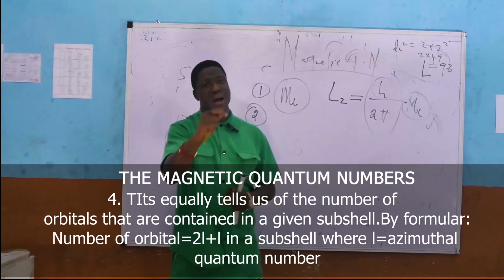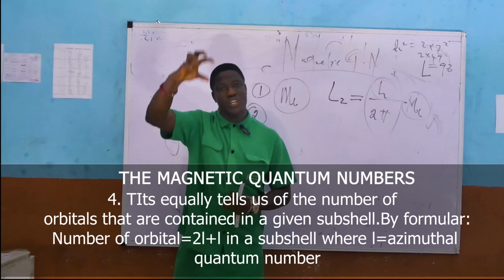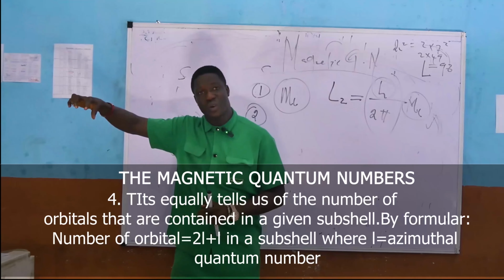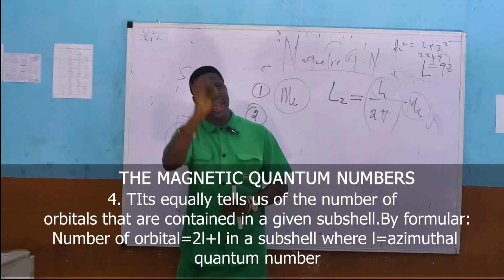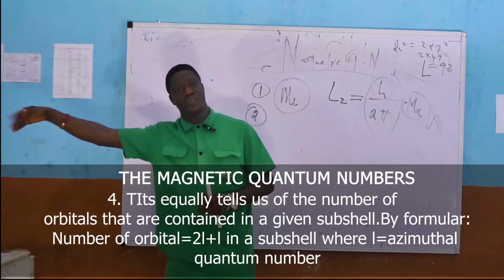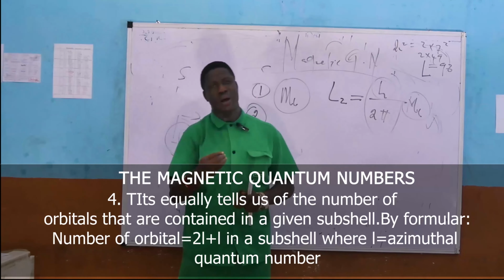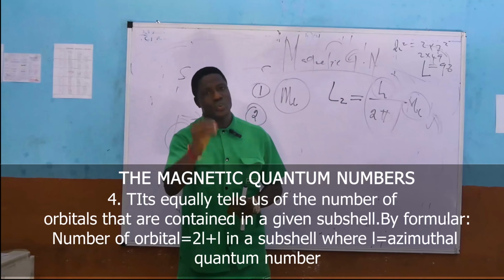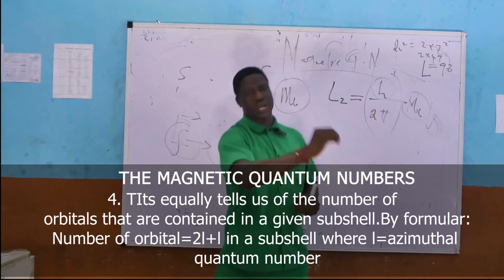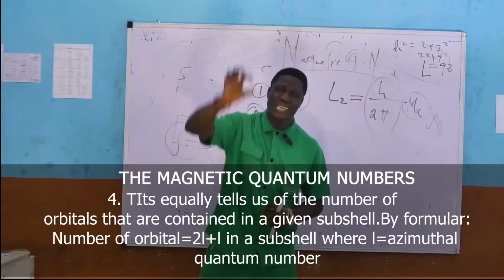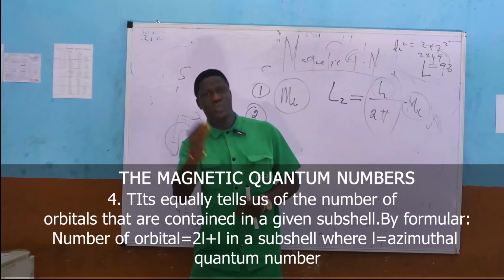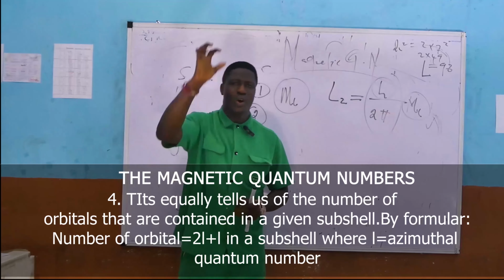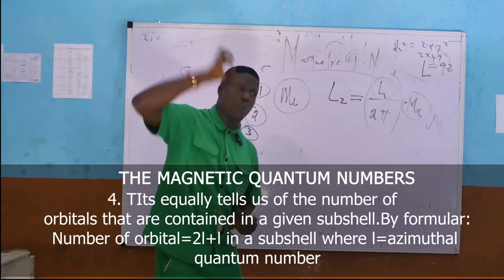Now we're not talking about the division of this subshell, s, p, d, f, which originated from the principal shells K, L, M, N, O, P and so on. What quantum number divides these subshells into sub-subshells? It is the magnetic quantum number. Subshells are further divided into sub-subshells as a result of the magnetic quantum number.